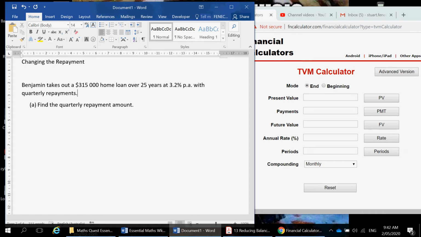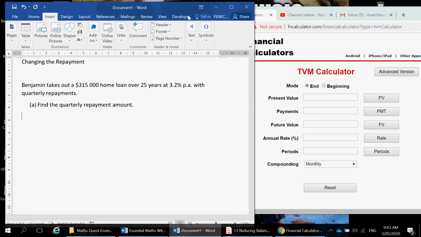I've decided to do something a bit different. We're going to do quarterly this time. In previous examples, I used months and fortnights. Every quarter of a year, he has to do a repayment and the interest is charged and everyone is happy with the economy going around in circles. So here we go. Find the quarterly repayment amount.